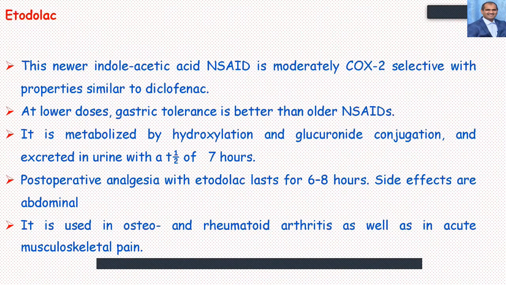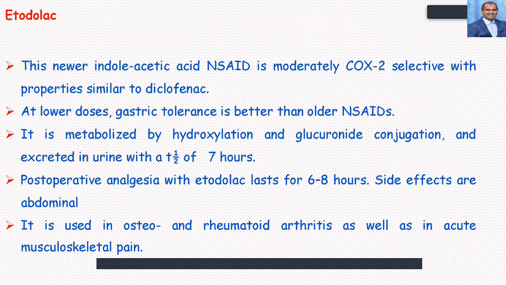Another drug of these preferential COX-2 inhibitors is etodolac. This newer indole acetic acid NSAID is moderately COX-2 selective, with properties similar to those of diclofenac sodium. At lower doses, gastric tolerance is better than the older NSAIDs. It is metabolized by hydroxylation and glucuronide conjugation and excreted in the urine with a half-life of about 7 hours.